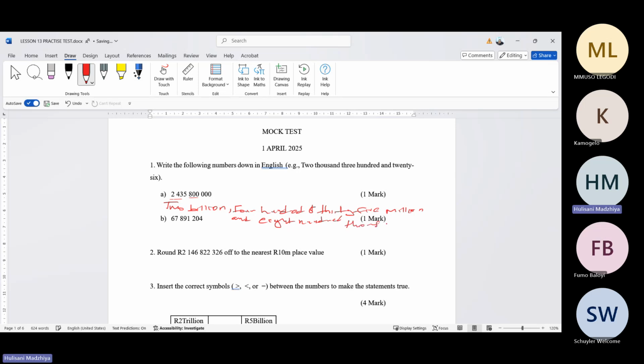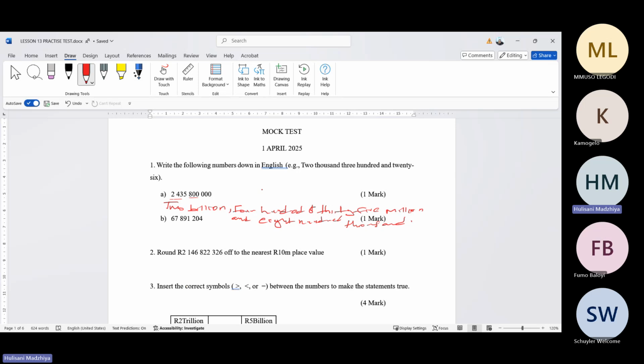So this was supposed to be your answer. So you need to break down the number in a way that it's still readable. If you do not put a comma, most of the time your answer will still be correct, but the person would have to read this without taking a break. So the comma allows the person to take a break by saying 2,435,800,000.